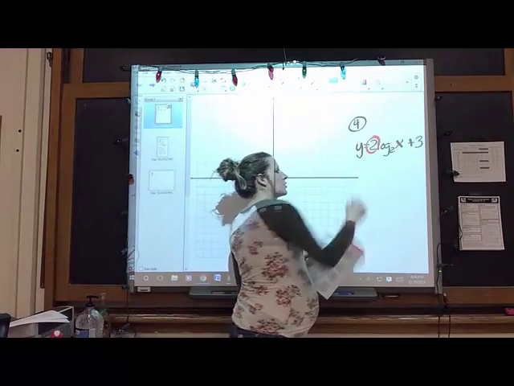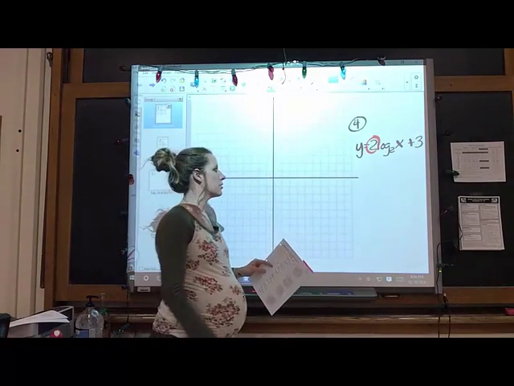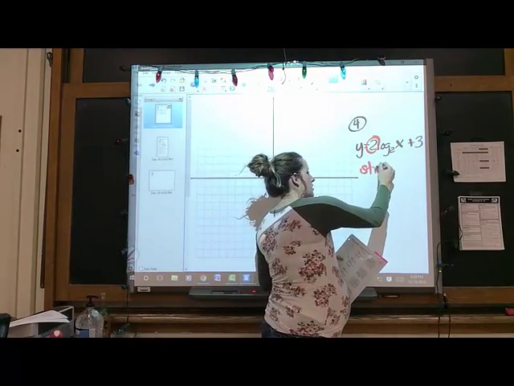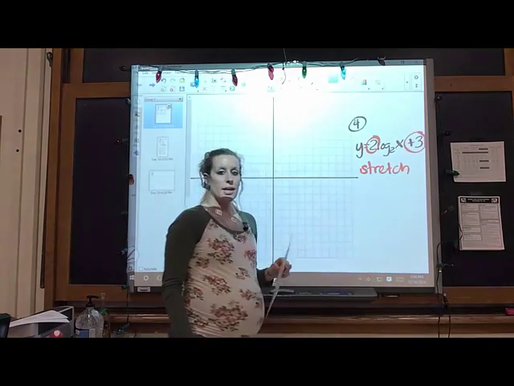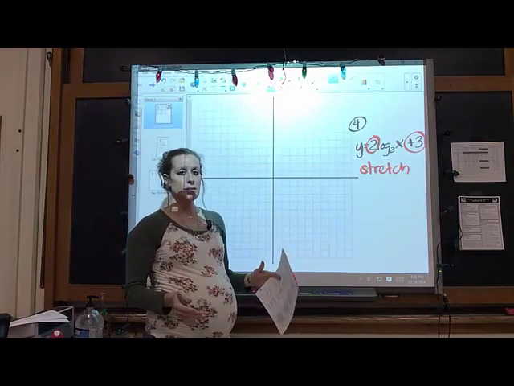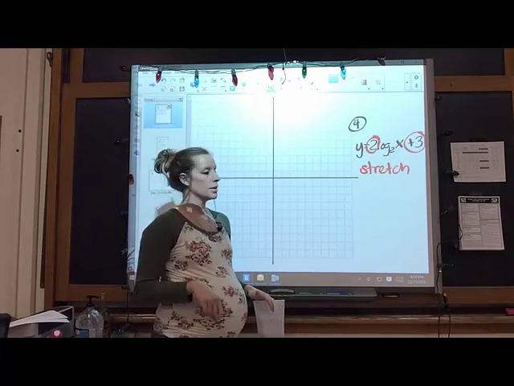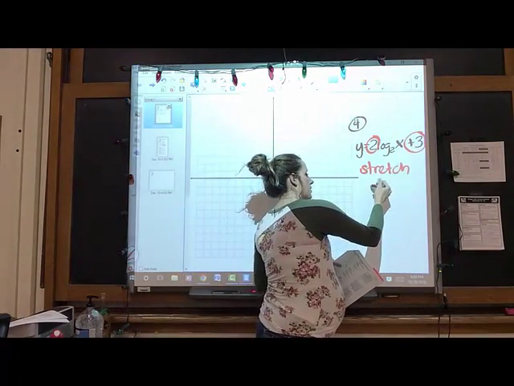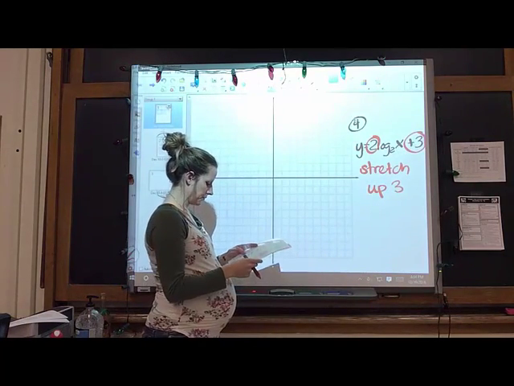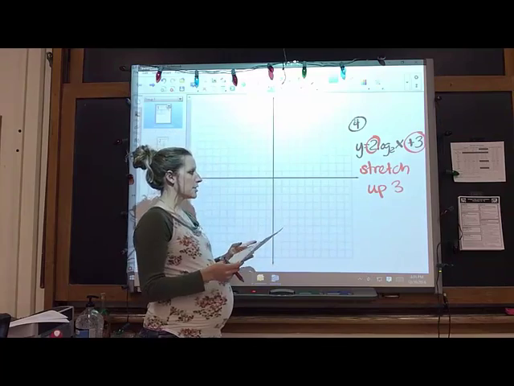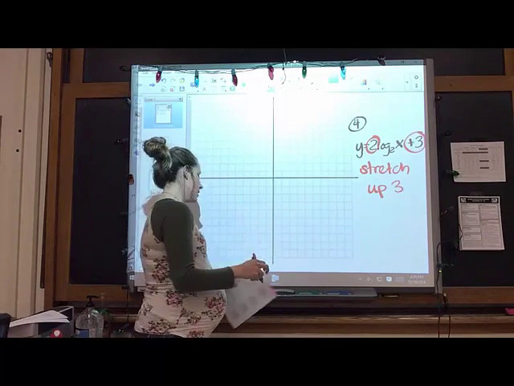What is that 2 at the very beginning going to make it do? It's going to make it stretch. The plus 3 at the end, since it's not in parentheses, is going to move it up or down. And since it's a positive 3, it'll move it up 3. So we're going to stretch it and move it up 3.